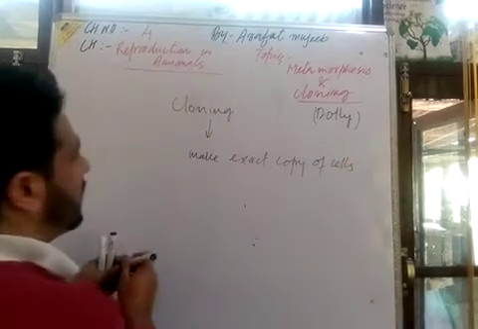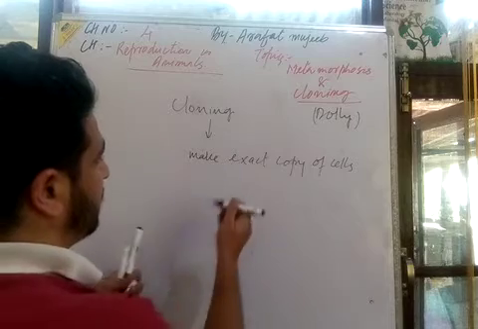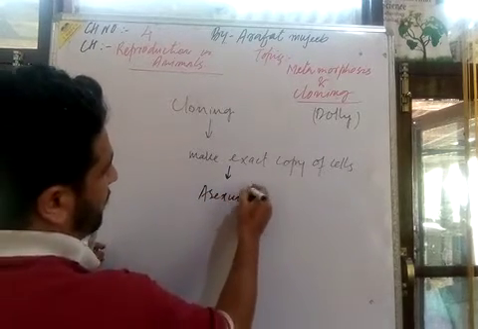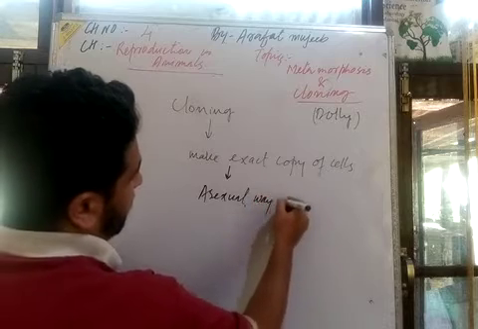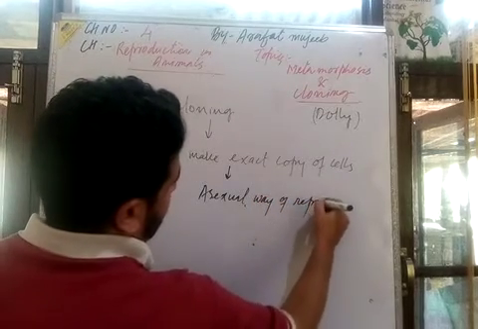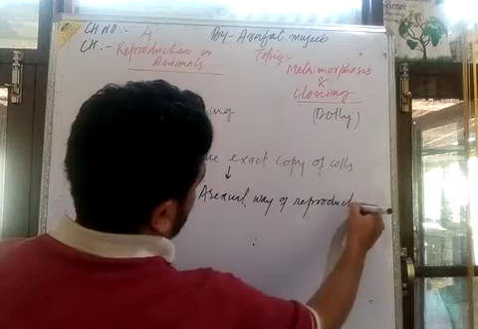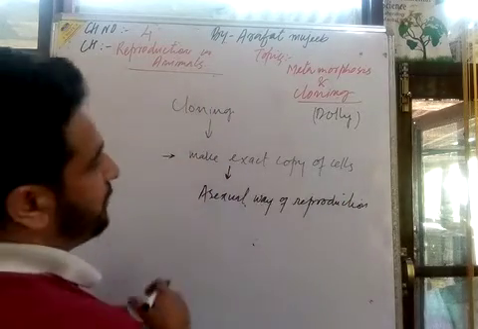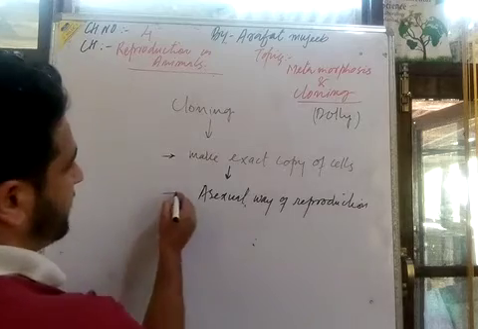So cloning is one of the asexual ways of reproduction.